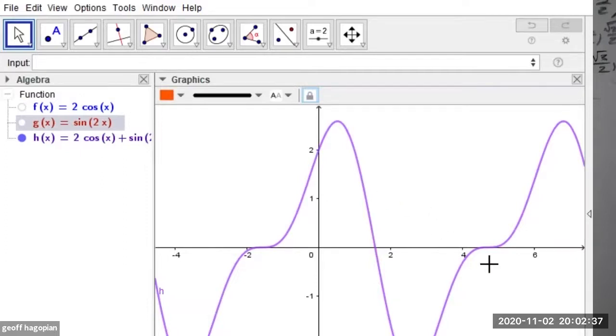It's the sum of two sinusoids. If you have sinusoids of the same frequency, those will give you another sinusoid with that frequency, but a shift and a stretch or a shrink. If you have two sinusoids of different frequencies, you don't get a sinusoid. You get some sort of waveform that's not sinusoidal.